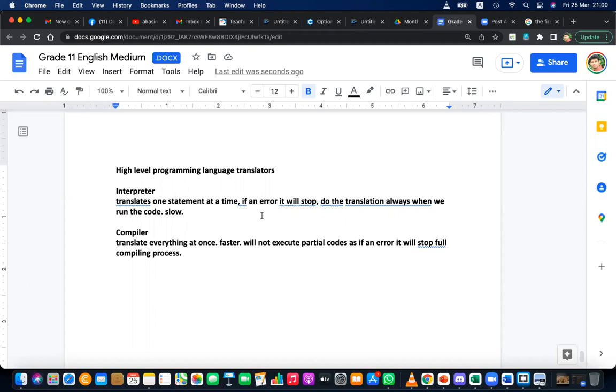So compiler is faster, but interpreter is slower. Interpreter is mostly used in translating scripting languages.